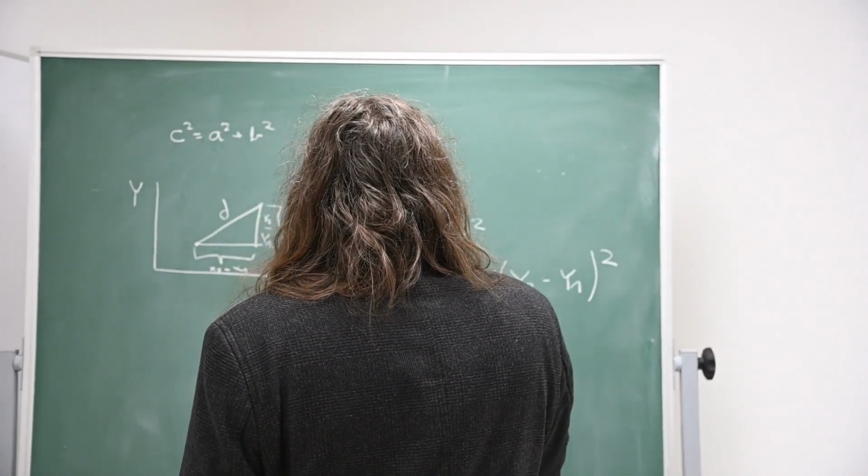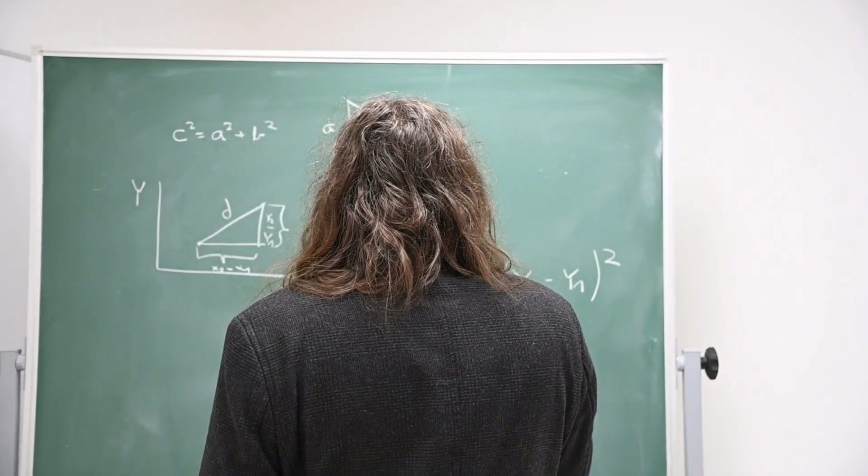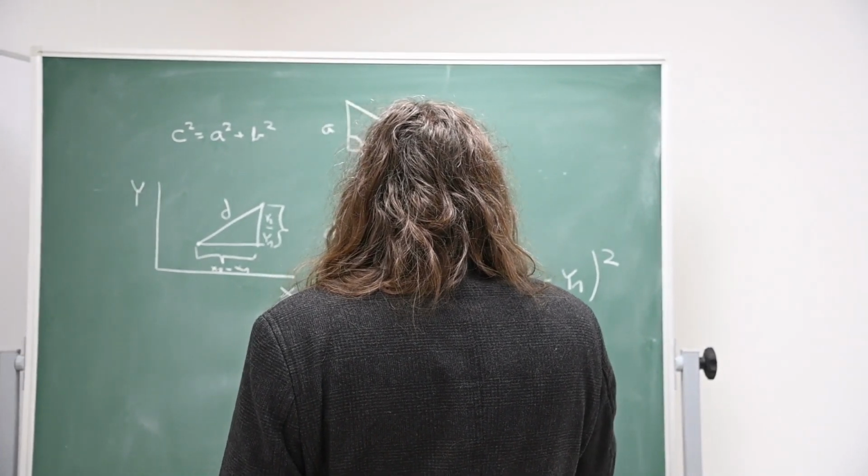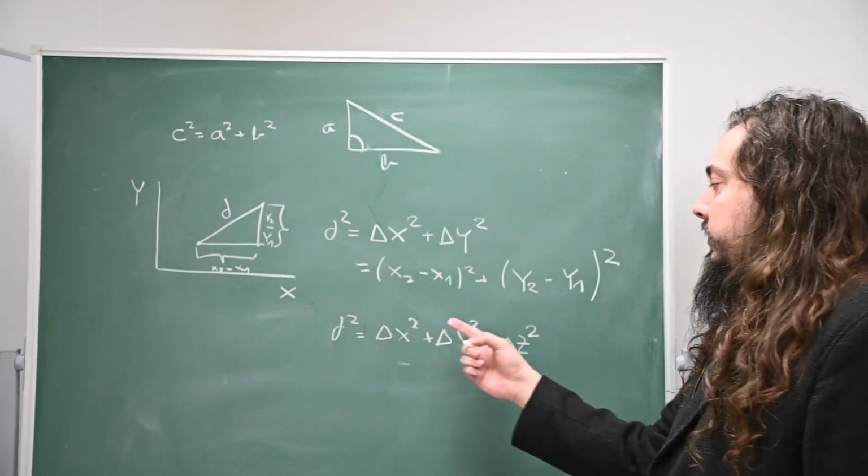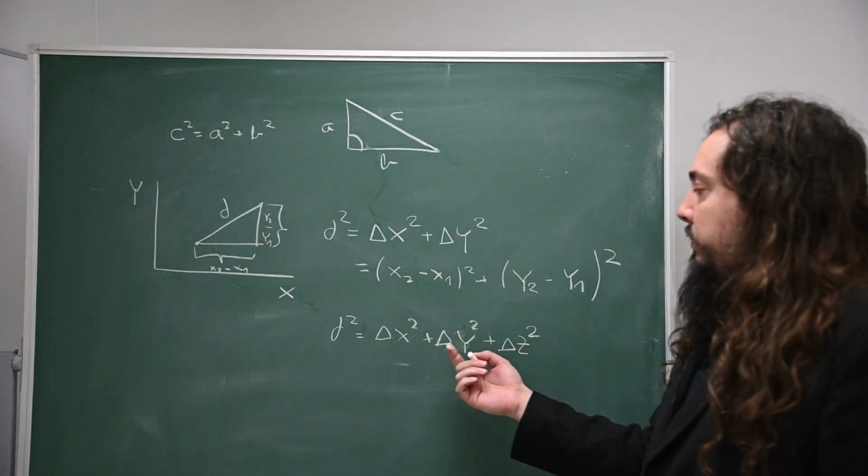You just add the z component in the Cartesian coordinates. So this is just the description of space.